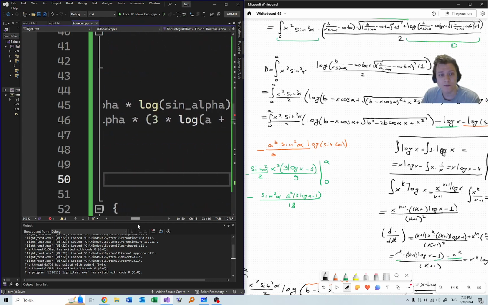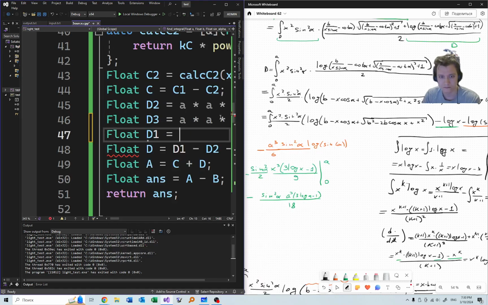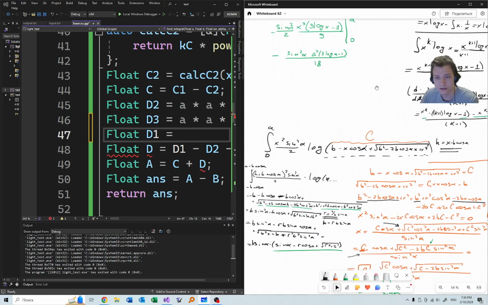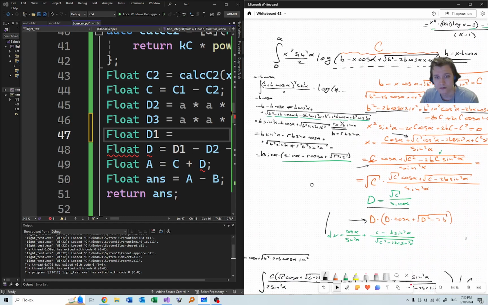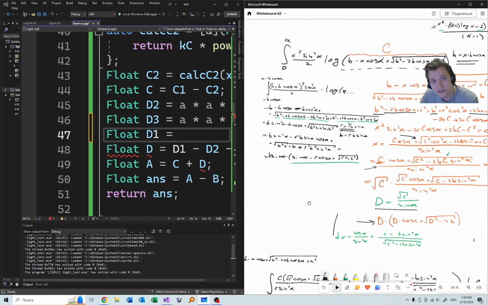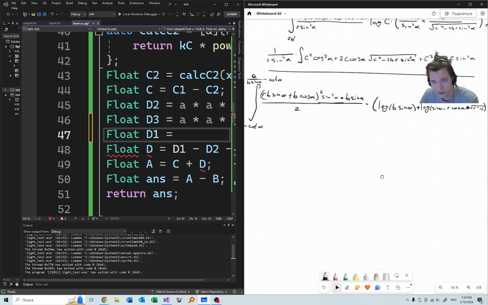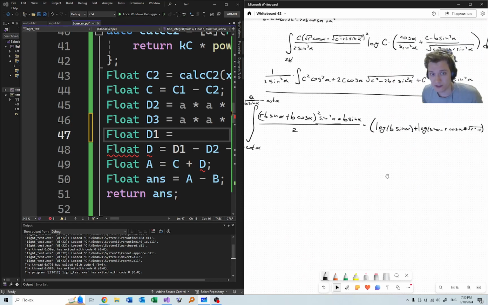Okay, and now we need to calculate d1. Unfortunately, it's the end. We only need to calculate this ugly d1. Okay, so we have this type of integral.